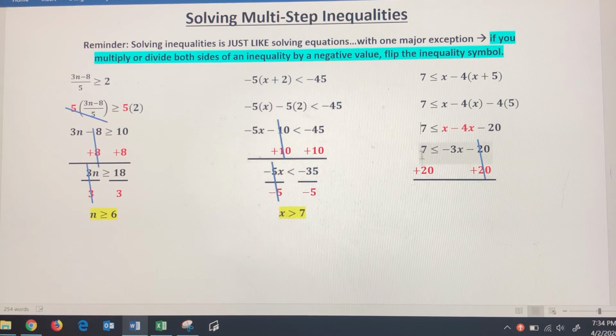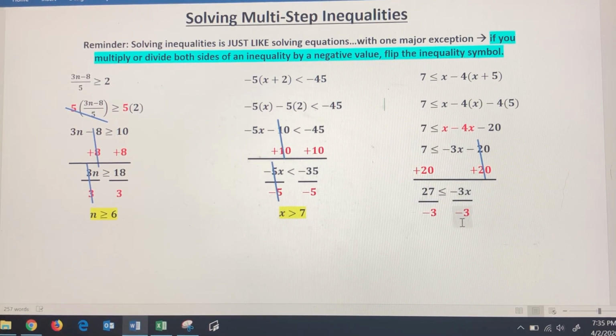On the left side, I get 7 plus 20, which is 27, less than or equal to negative 3x. The goal still here is to get x by itself, so I'm going to divide by this negative 3. We're using inverse operations. This is negative 3 times x, so I'm going to divide both sides by negative 3.